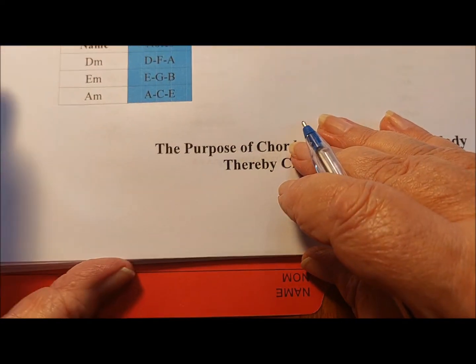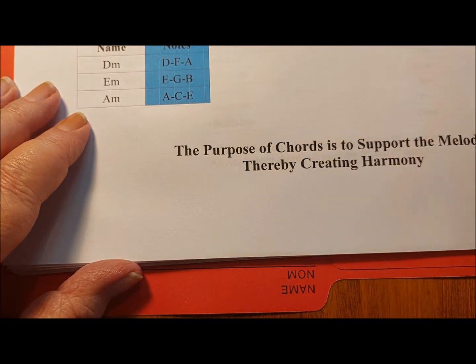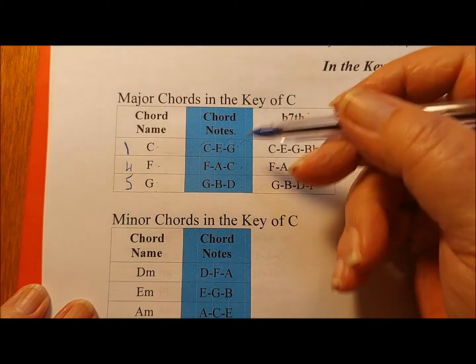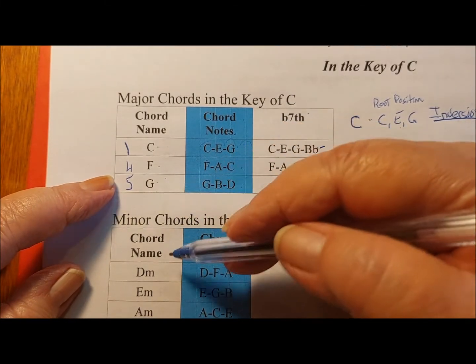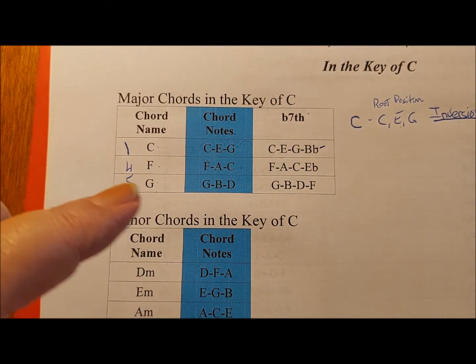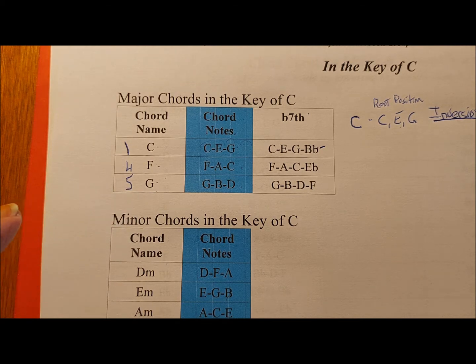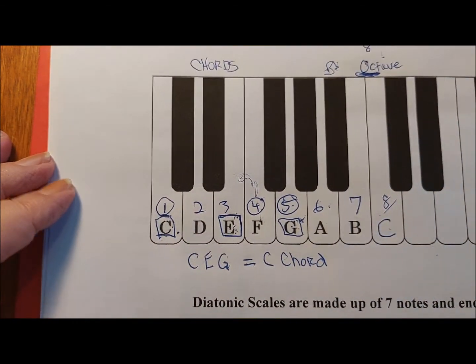Okay, back on here now. Minor chords in the key of C. Remember we did the major chords, which are C, F, and G. Let me go back to this page.